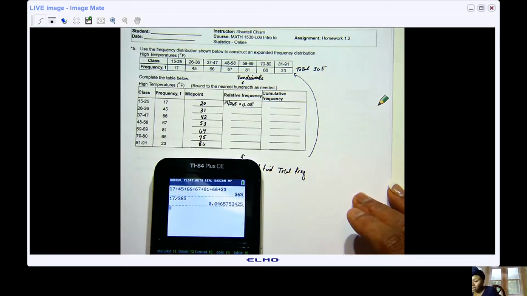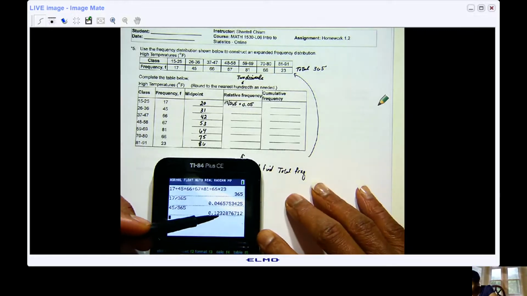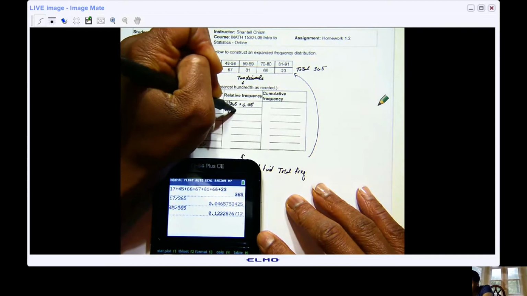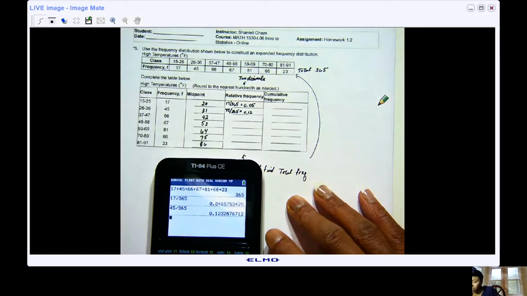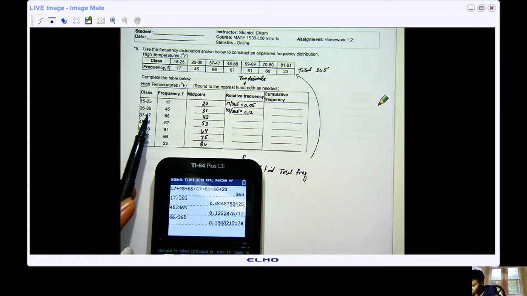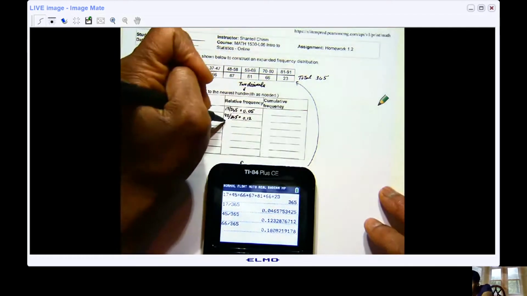The next one has a frequency of 45. So 45 out of 365 gives us 0.12328, and going to 2 decimals, that's 0.12. The next one, 66 out of 365, is 0.1808, so 0.18.